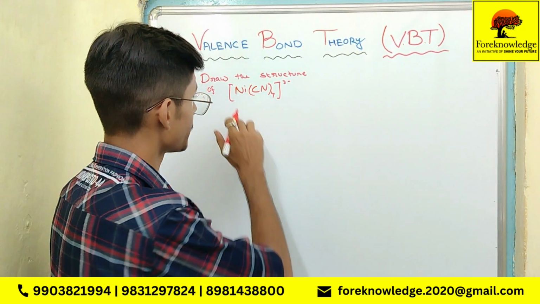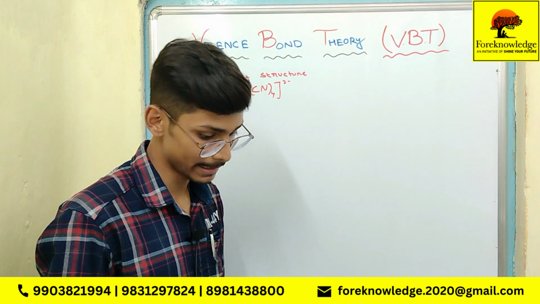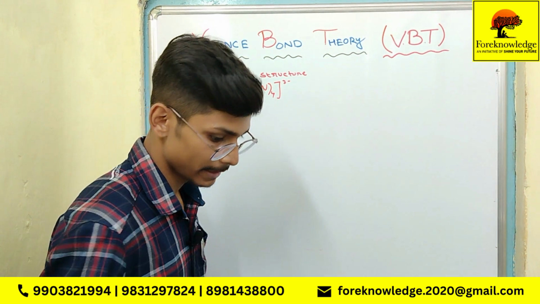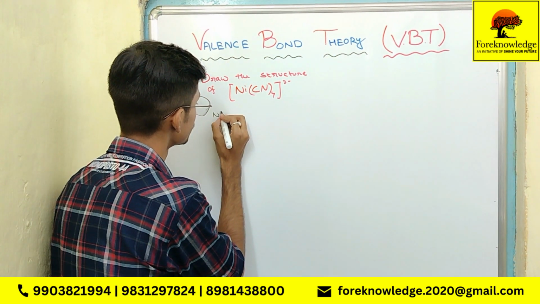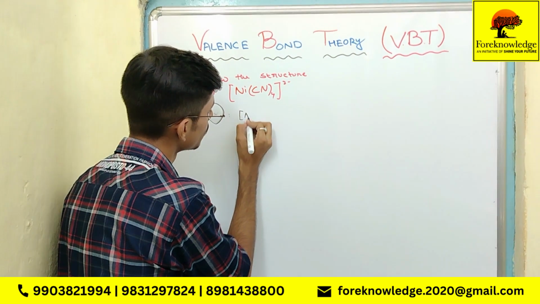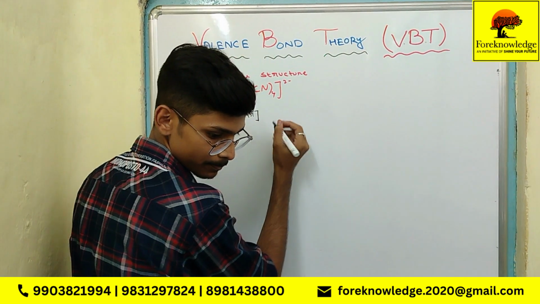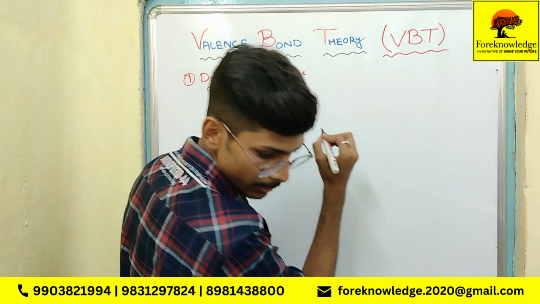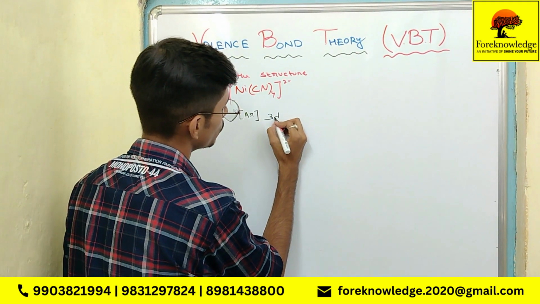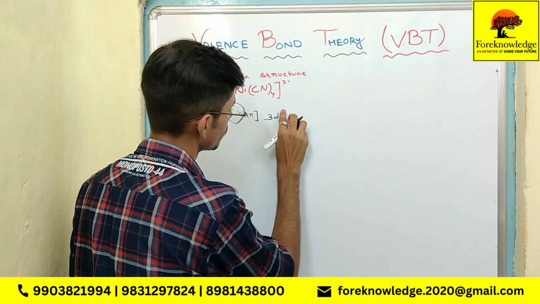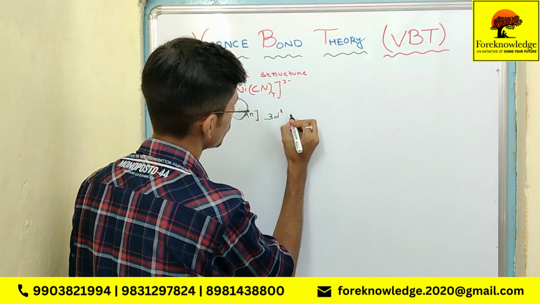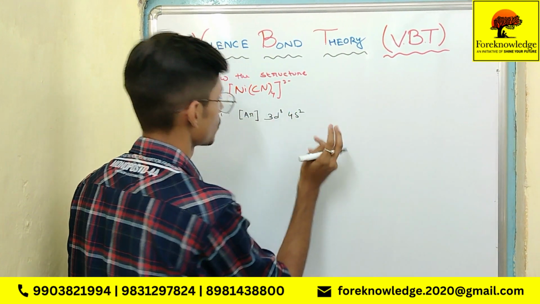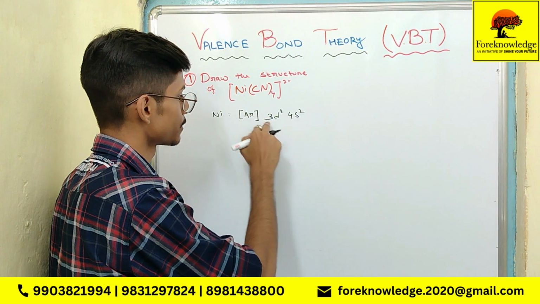Now, what is the electronic configuration of this nickel? The configuration of nickel is 3d8 4s2.